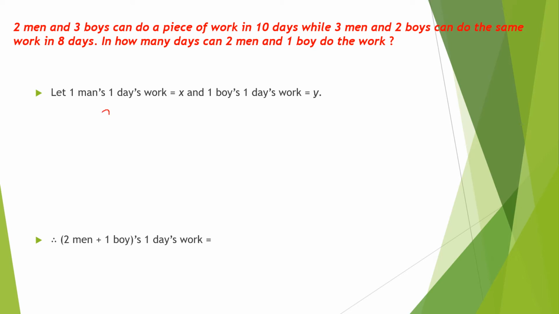So what will be the equation? 2 men, that is 2x, plus 3 boys, 3y, can do the work in 10 days, so it equals 1 by 10. Similarly, the second equation is 3x plus 2y equals 1 by 8.